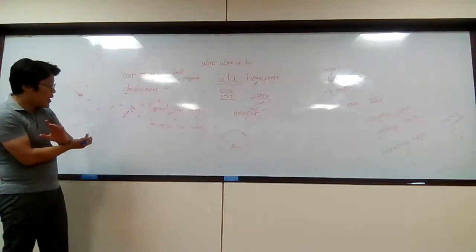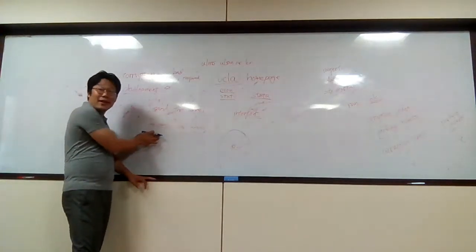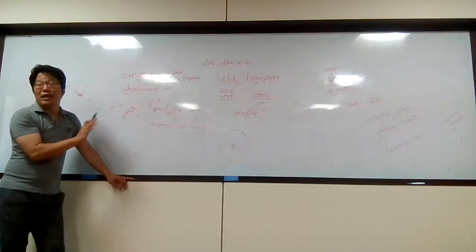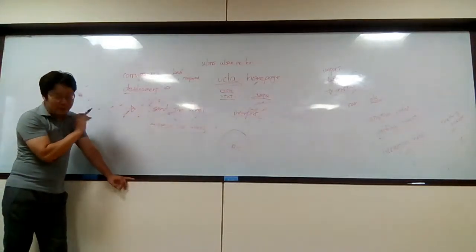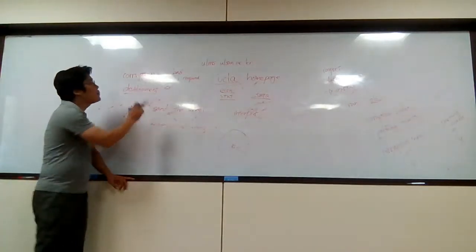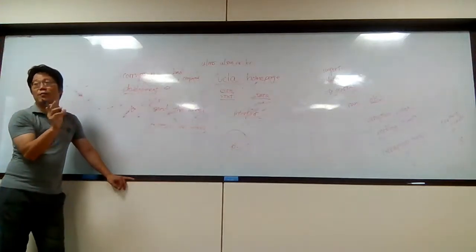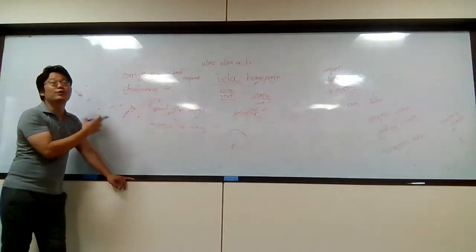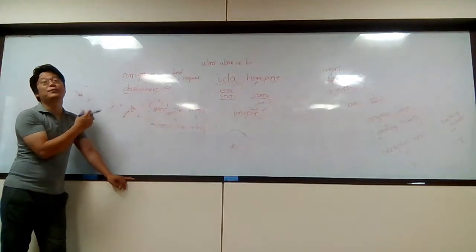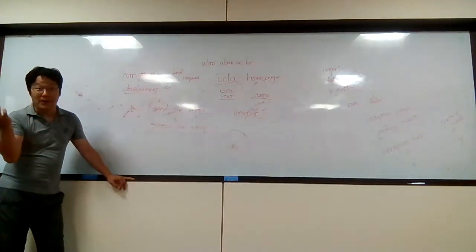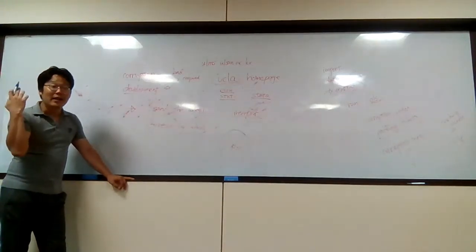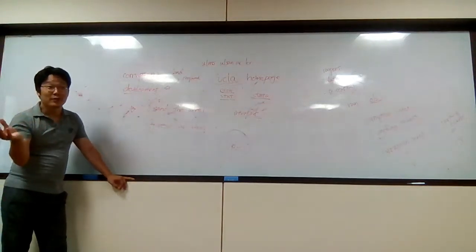The other way is grease the wheel. So in some countries, especially less developed countries, corruption is kind of part of the development. When you want to do something, you need to give some money to the government officials, then everything can be very smooth. Okay?